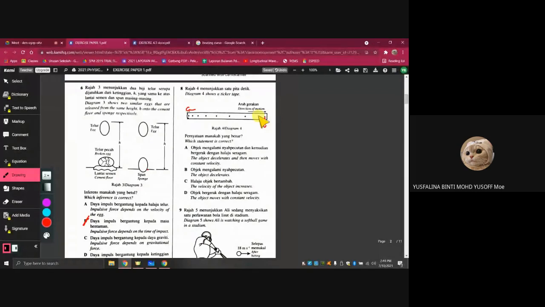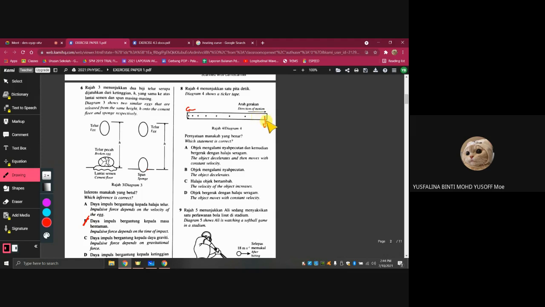If the car is moving from the left to the right, you have to see from the left. But for the ticker tape, because we didn't do the experiment, maybe you cannot imagine. If the direction of the motion is to the right, it means the dots from the right come first, so it starts from here.